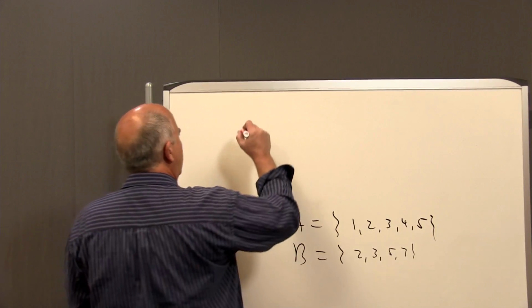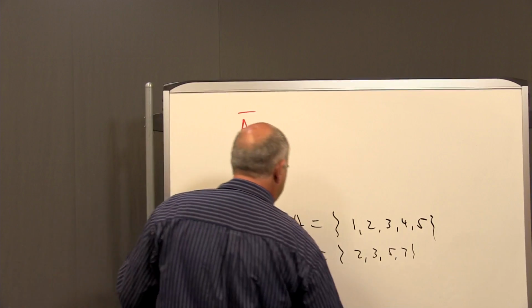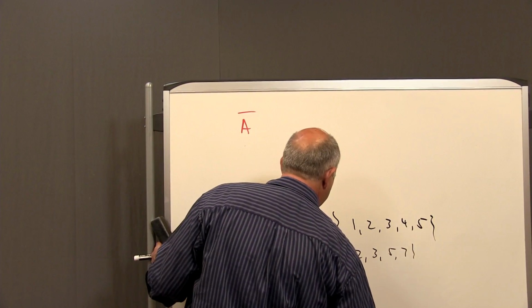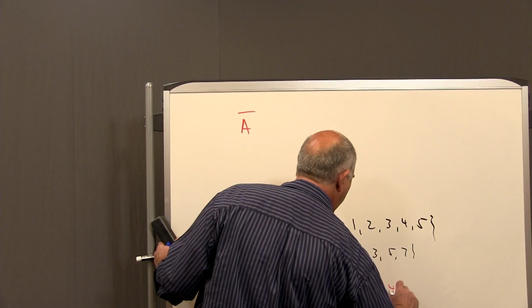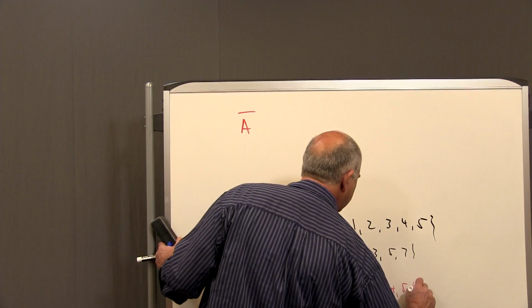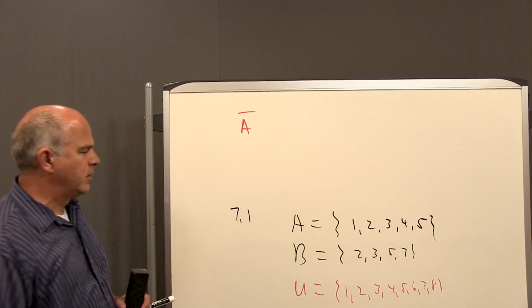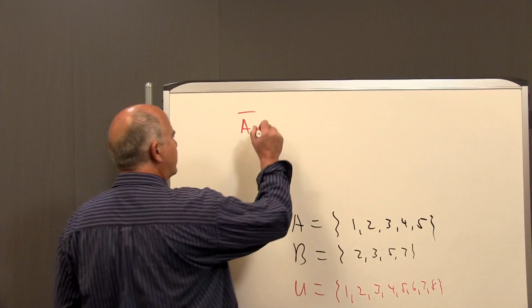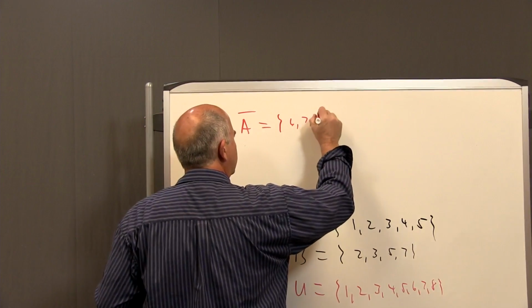So A bar, got to get the universal set down there. Universal set can be 1, 2, 3, 4, 5, 6, 7, 8 maybe. Just for the heck of it, we'll make that the universal set. A bar is everything that's not in A, so that would be 6, 7, 8.